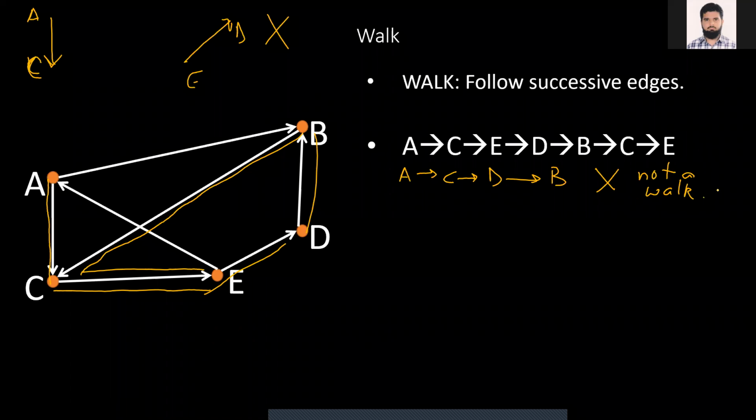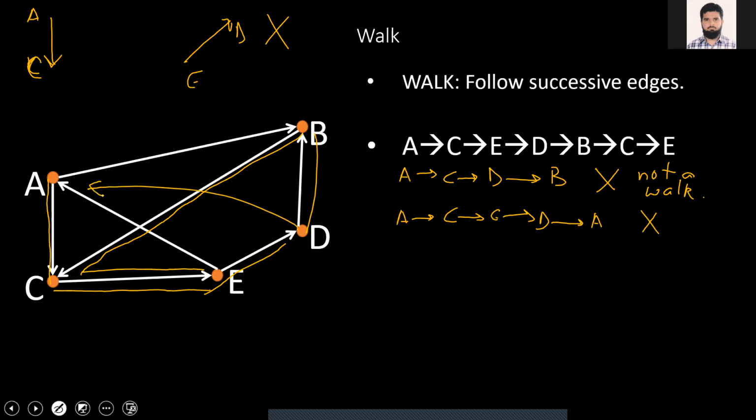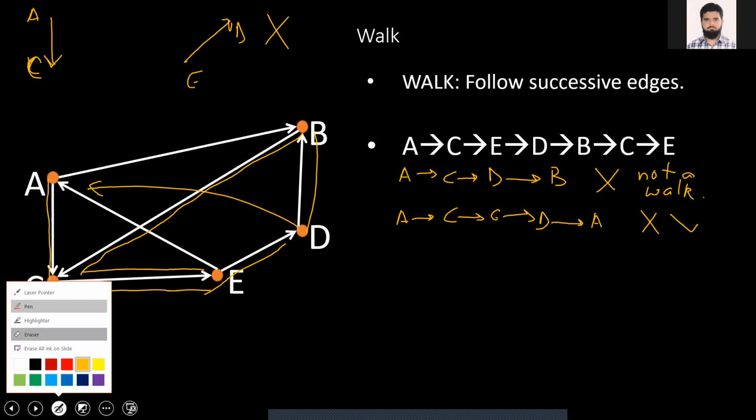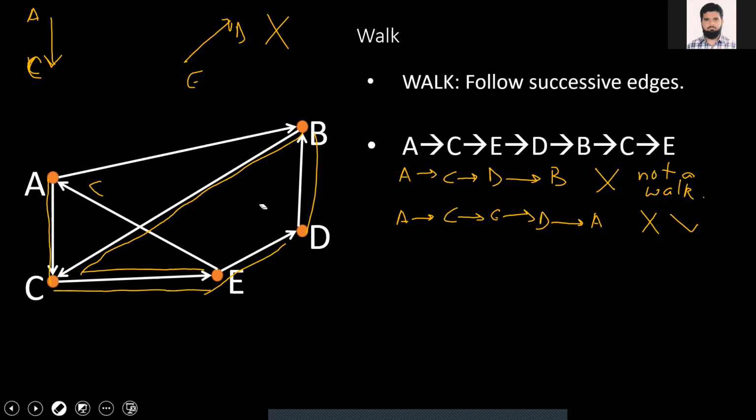Even if somebody went from A to C and C to E, and then went from D to A, this is also not a walk, because there is no edge going from D to A. If there were an edge from D to A, this would have been valid. But since we don't have any such edge in the graph, that's not a valid walk, because a walk is a travel along the edges provided in a graph.